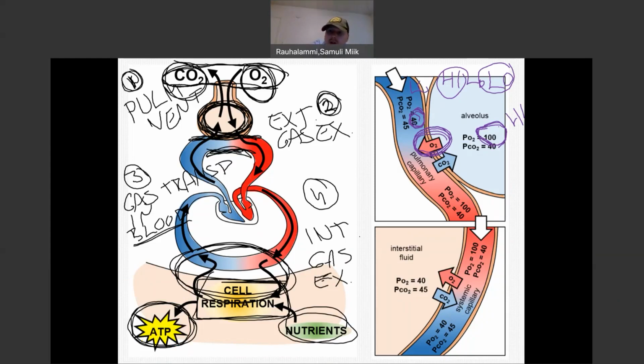The partial pressure of carbon dioxide in the air around us is about 40 millimeters of mercury, whereas it is about 45 millimeters of mercury as it arrives from the systemic circulation to the lungs. So remember, from high to low, and the direction will be, in this case, from the pulmonary capillaries to the alveolus for the carbon dioxide.